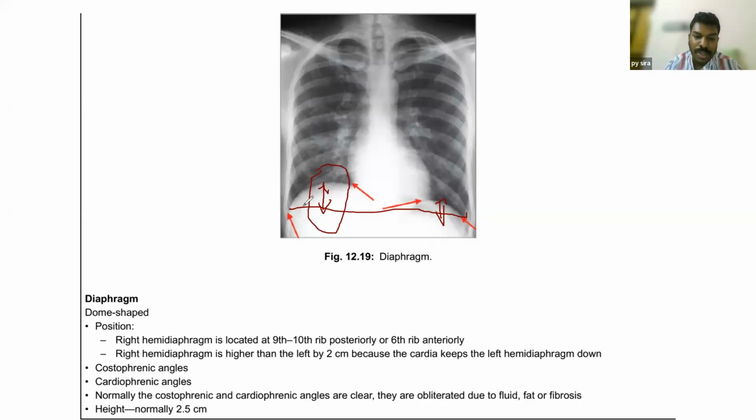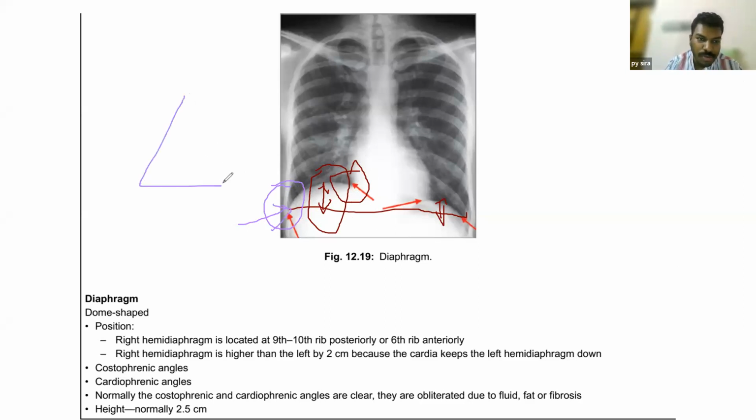After the diaphragm, you have to tell about this one, which is called the cardiophrenic angle, and you should also comment about this part, which is the costophrenic angle. This costophrenic angle is usually obliterated in patients with pleural effusion.